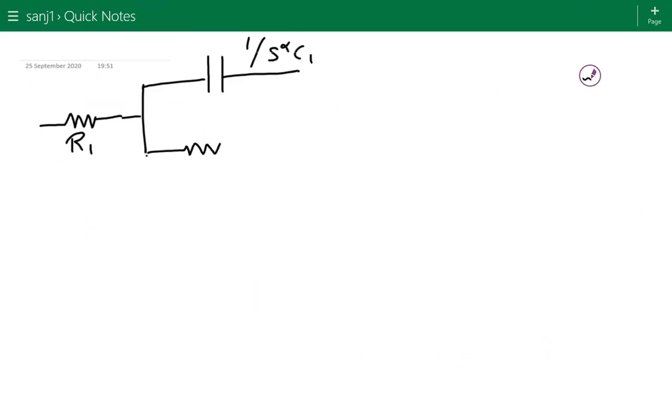Here is a circuit which contains a resistor R, and in series there is a capacitive constant phase element given by 1 by s to the power alpha C1, and this one is the pure resistor R1. So here we have three elements.